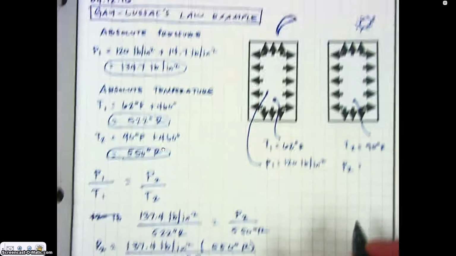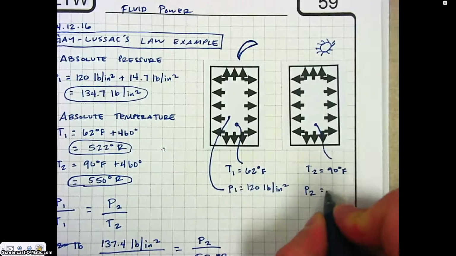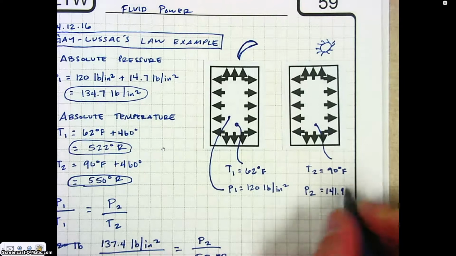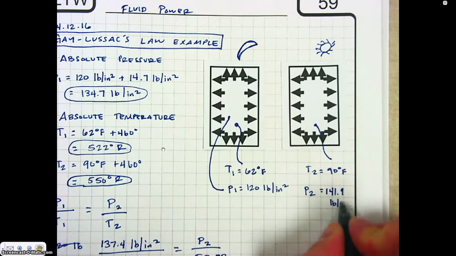Let's go ahead and write that over here. Pressure 2 was 141.9 pounds per inch squared.